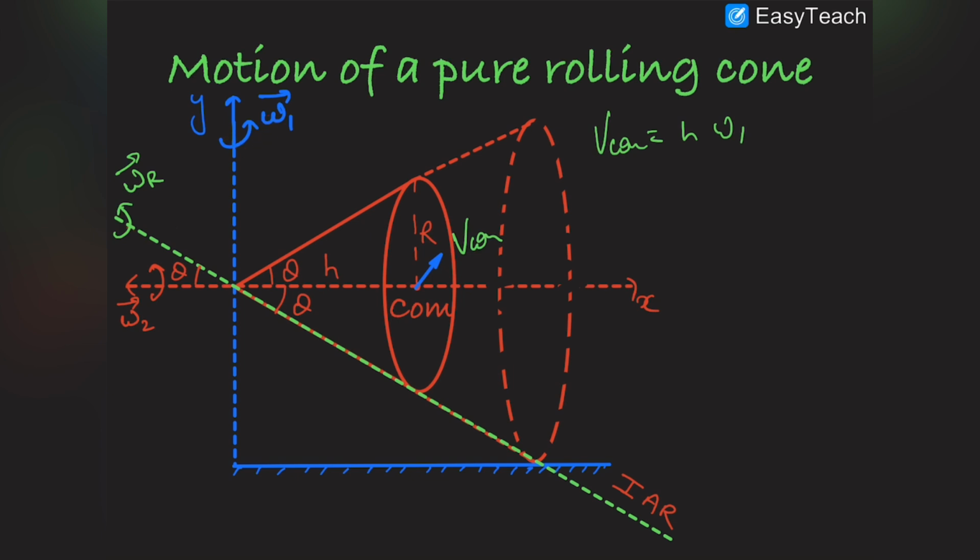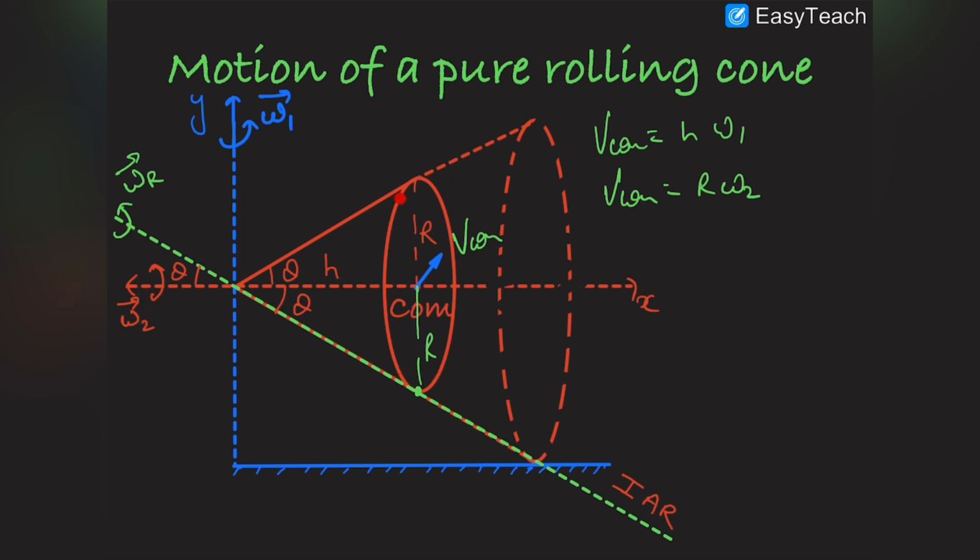Now you can also see that this point is at rest because it lies on the IAR, so it is also the instantaneous center of rotation. So we can also write VCOM as r omega 2, because this cone is spinning about this axis with angular velocity omega 2.